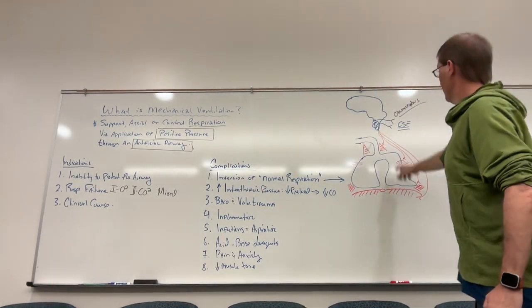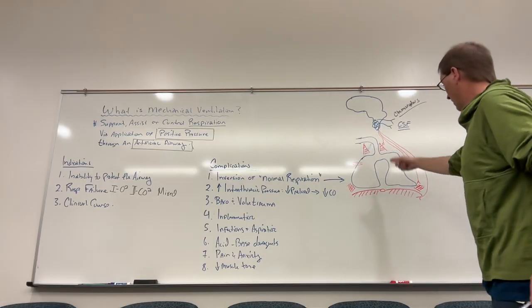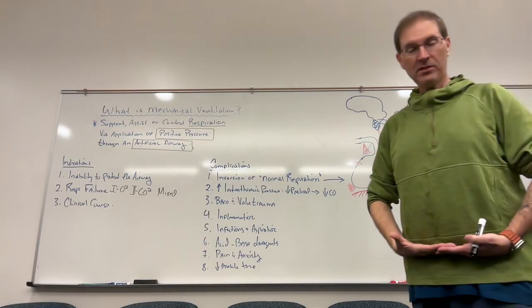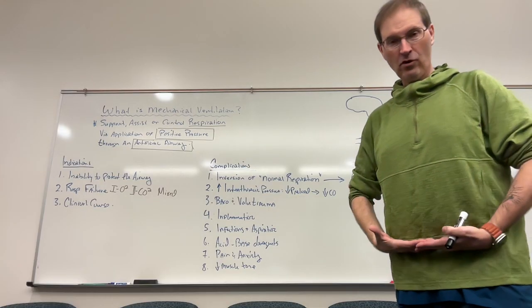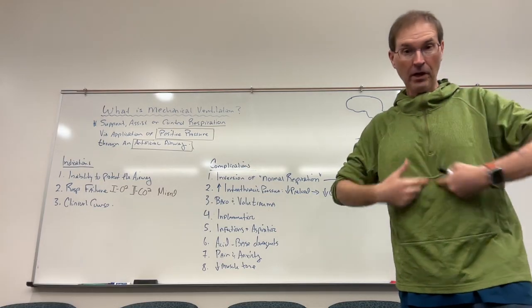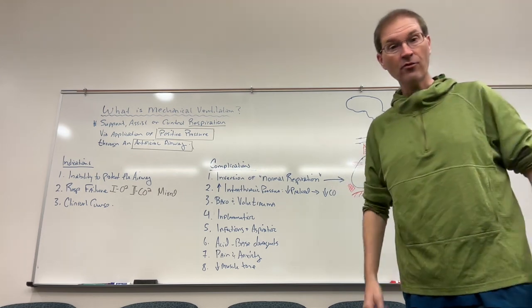And so what happens is motor information comes out, those muscles contract, the diaphragm drops down, and when the diaphragm drops down, the size, the volume of the thoracic cavity increases.